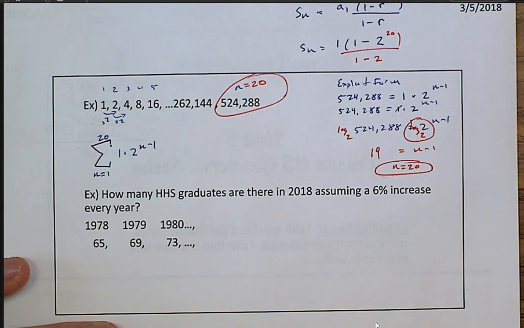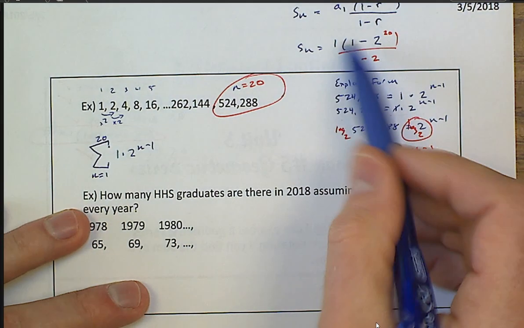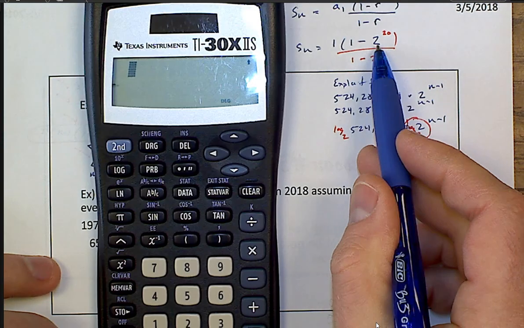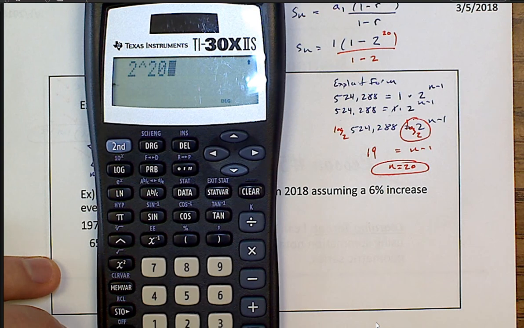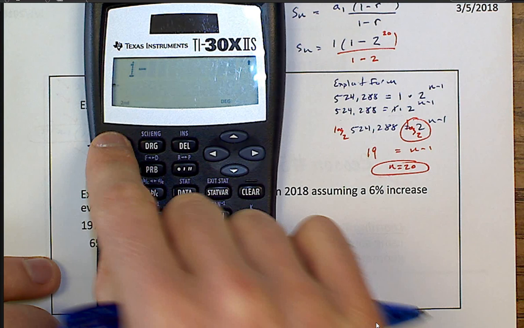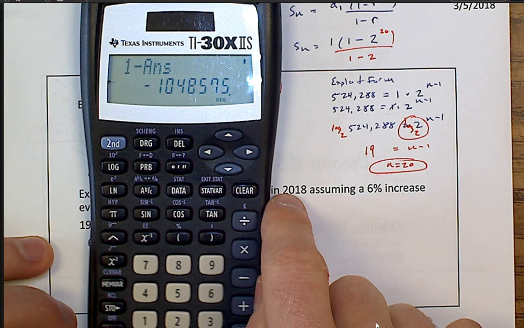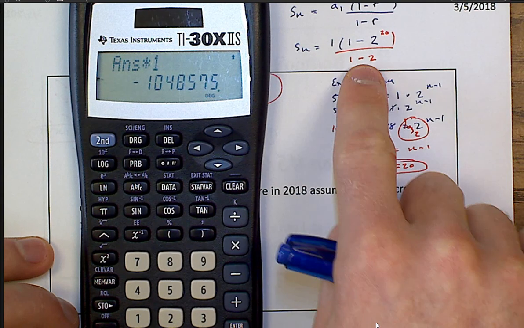All good? So let's find the actual sum. When we're putting this in our calculator, we have to do what's inside parentheses first, and we have exponents. So this is going to be 2 raised to the 20th power, hit equals. We're going to have 1 minus second answer, hit equals. We're going to times that by 1, obviously the same, and then divide it by negative 1.